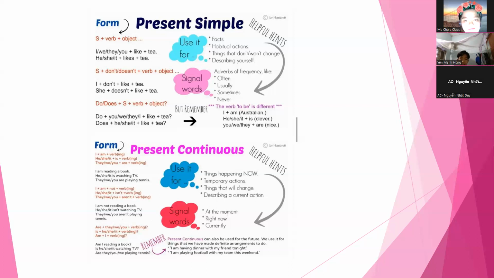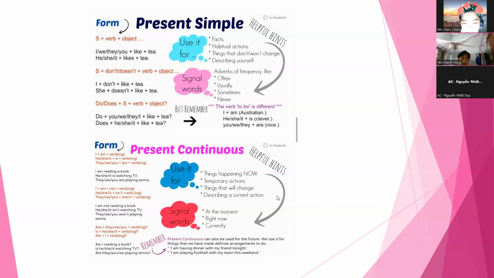Yeah. And with present continuous, we talk about action. We use it for, or you have a guideline already, action happening at or around the time of speaking. Okay, very good.